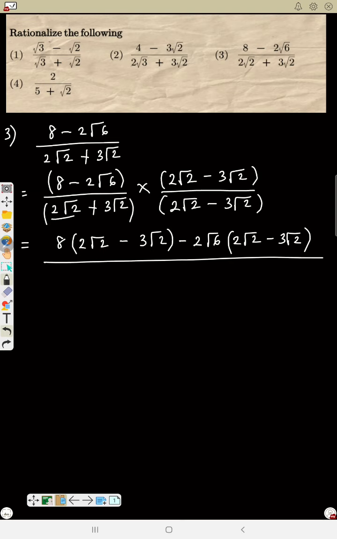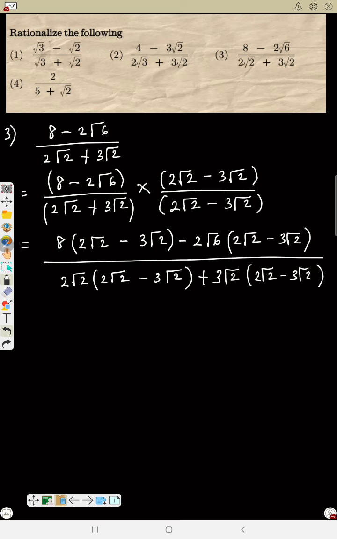Everything divided by, again, 2 root 2 times all this, so that will be 2 root 2 minus 3 root 2. Then plus again 3 root 2 times 2 root 2 minus 3 root 2.